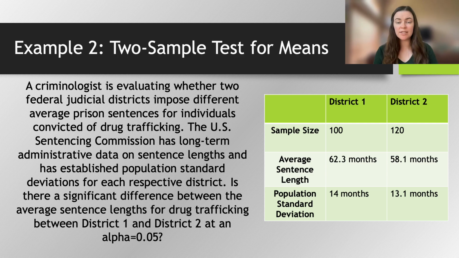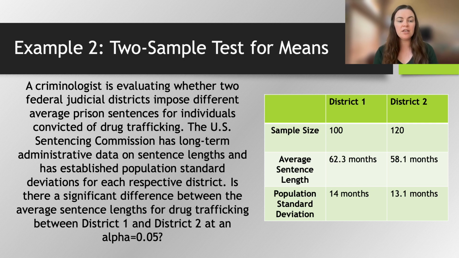Now let's get into an example of how to conduct a two-sample hypothesis test for means. A criminologist is evaluating whether two federal judicial districts impose different average prison sentences for individuals convicted of drug trafficking. The U.S. Sentencing Commission has long-term administrative data on sentence lengths and has established population standard deviations for each respective district.